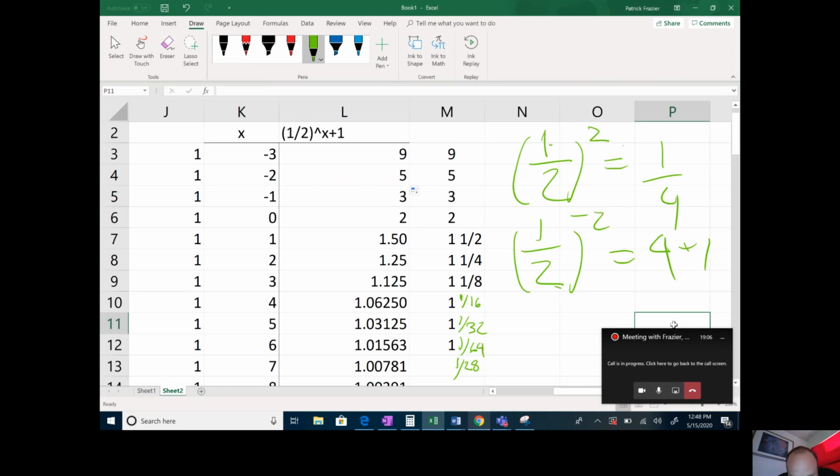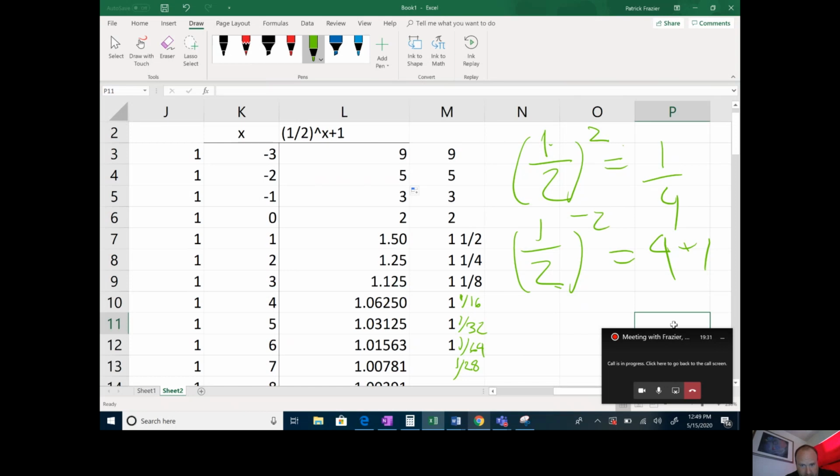And then I didn't include it here, but by extension, we know, because I wrote it down over here, for x equals 5, 1/2 to the 5th power plus 1 is 1 1/32. Well, we just flip that upside down, so the reciprocal of 1/32 is 32. 32 plus 1 is 33.